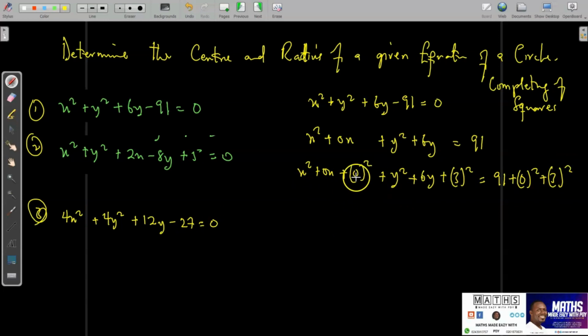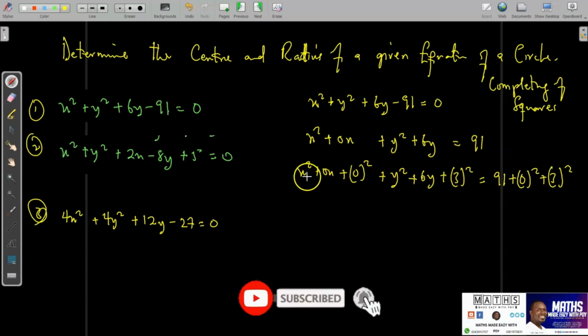Now automatically, what you've written here, the left hand side has become a perfect square. The right hand side has also become a perfect square. So you have to write down the factors for the perfect square for x and the factors for the perfect square for y.